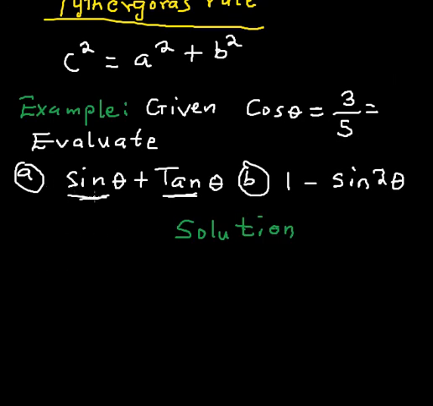Cos theta is adjacent all over hypotenuse, but sine theta is always opposite all over hypotenuse. Opposite B all over hypotenuse.